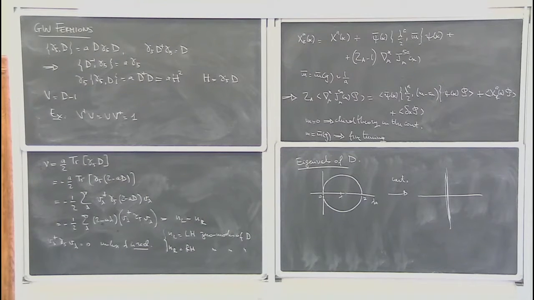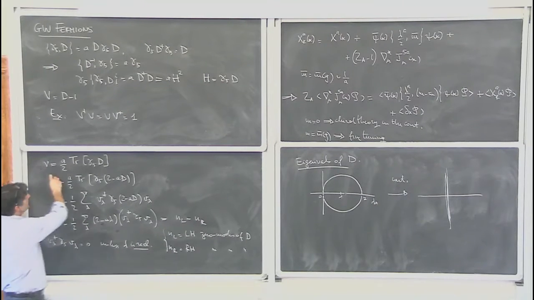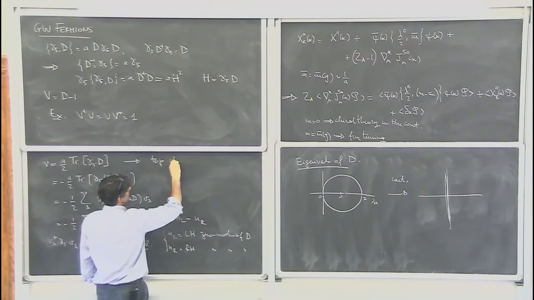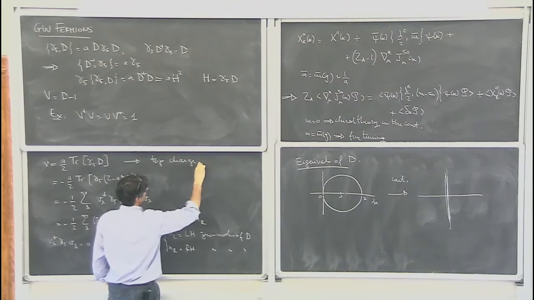There is nothing to learn from it. But this specific combination counts the number of zero modes. So this is exactly the equivalent of the index theorem that you have in the continuum.